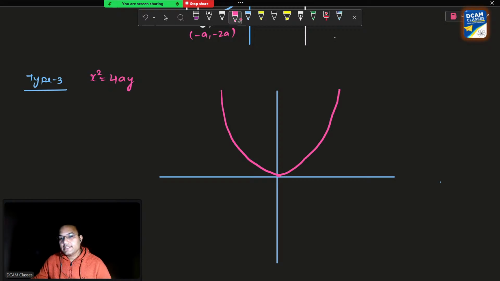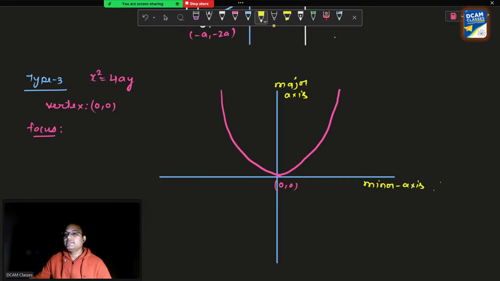Now vertex, we already know vertex. This I have told you. Vertex is actually 0, 0, this point. Tell me where its focus is. Now in this case, your y-axis, 0, very good. In this case, this y-axis becomes the major axis and x-axis becomes the minor axis.